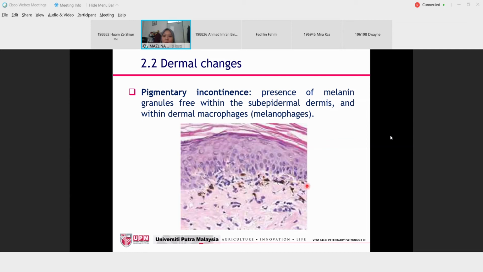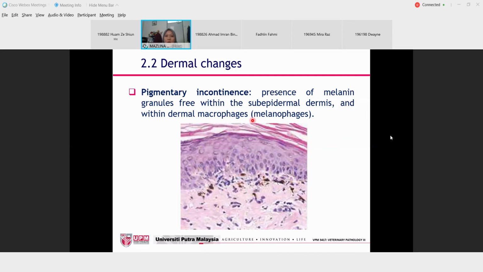Sometimes macrophages engulf the melanin pigment and they also take up the stain, becoming melanophages. This can usually happen under the epidermis, in the subepidermis, and also inside the macrophages.